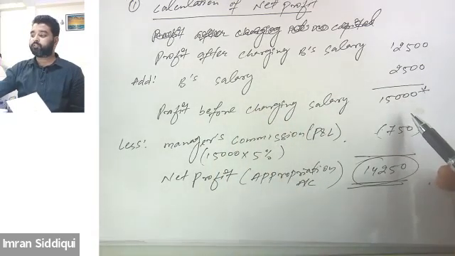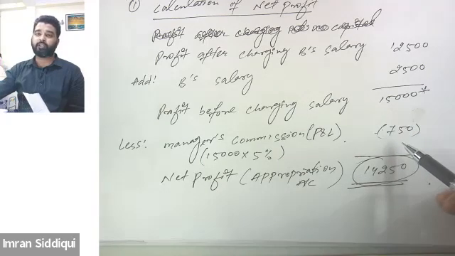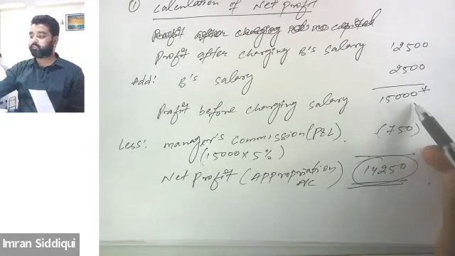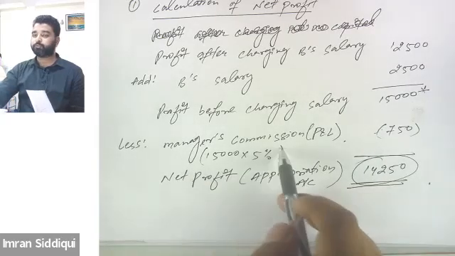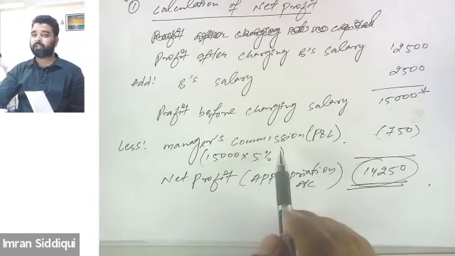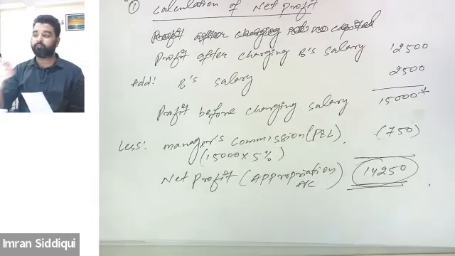And we are further required to subtract all kinds of P&L related expenses. So from 15,000, we will further subtract manager commission. Since it is not a partner related expense, we won't show it in the P&L appropriation account. This will be shown under the P&L account, which we are not required to make.